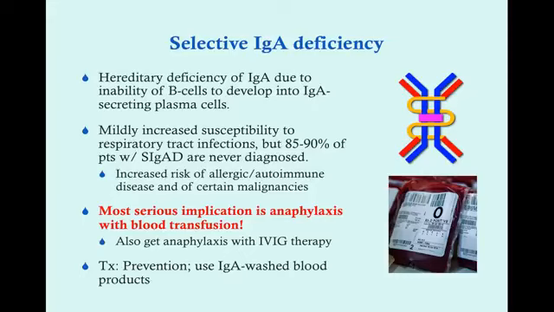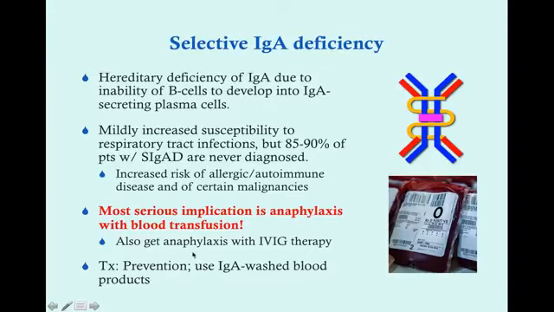It's really just a hypersensitivity reaction. They can also get anaphylaxis with IVIG therapy. So some of the antibody deficiencies you would treat with IVIG, not IgA deficiency, because they would get anaphylaxis, so you can't do that.